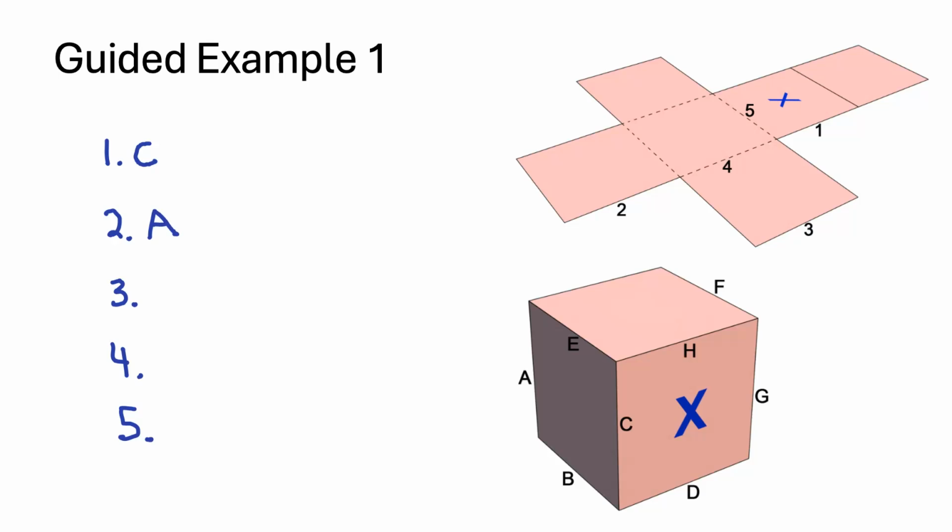Now what about number 3? Number 3 is again a little bit more different still. In this case, it's not on the same side as the X, it's not on the opposite side as with 2, but it's actually on the adjacent side. So if we look at our 3D image and we search for number 3, again, we're imagining that this folds up according to this dotted line here.